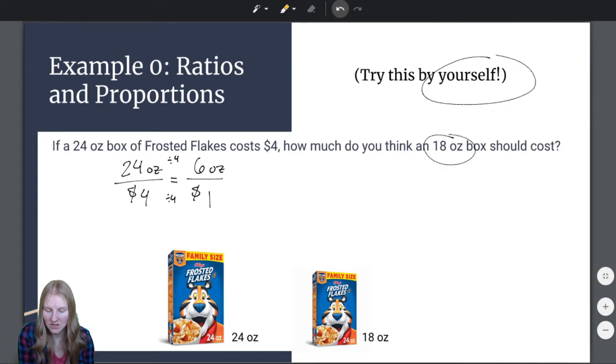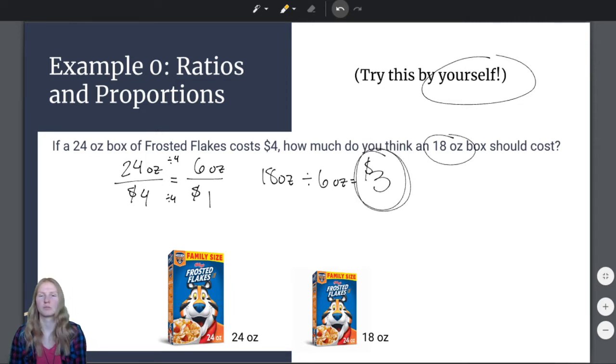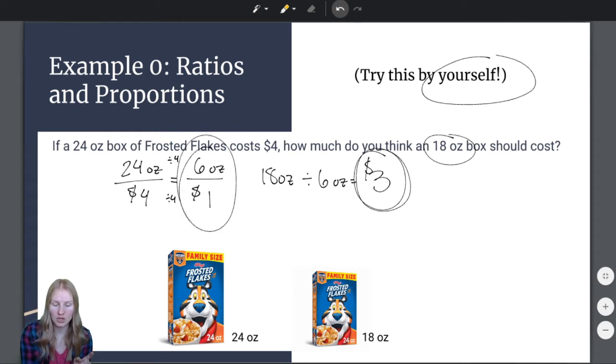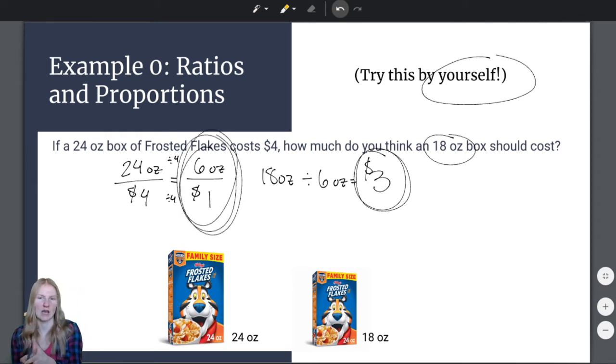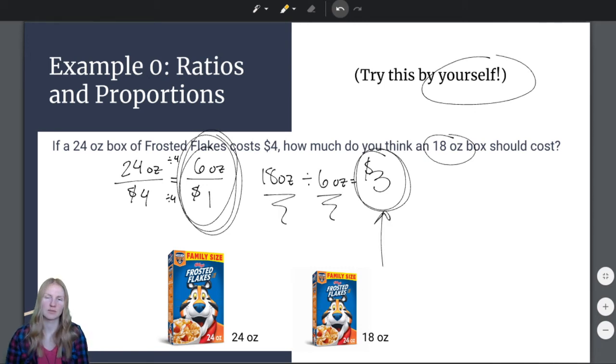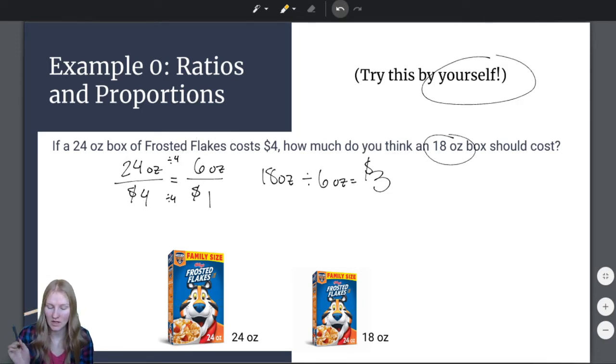I have 18 ounces. 18 ounces divided by 6 ounces, that's 3. So I should pay $3. Because each dollar is 6 ounces, and 6 goes into 18 3 times. So $3 for 18 ounces. That's one way you could have done this.